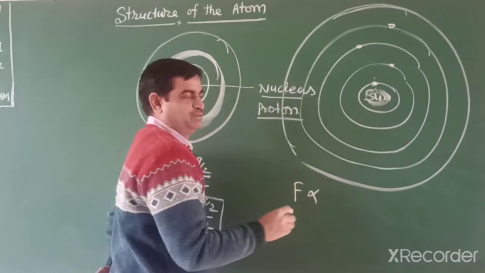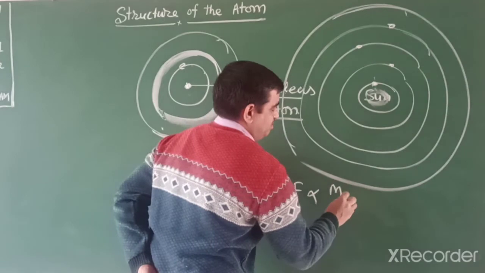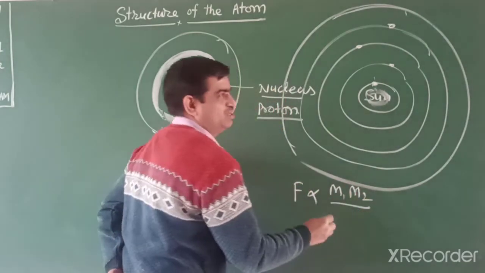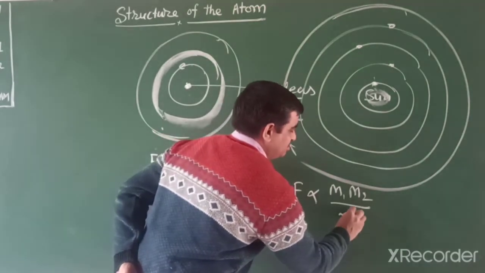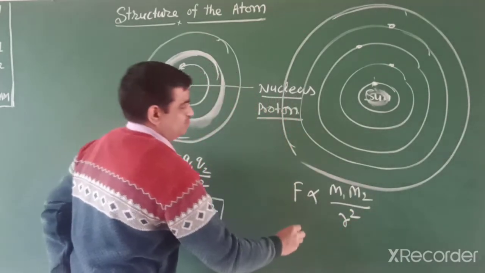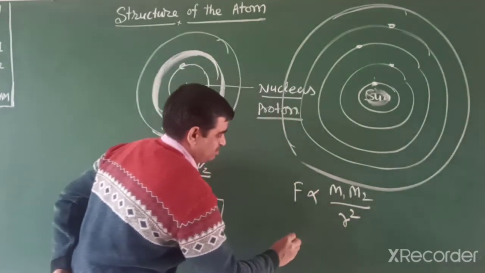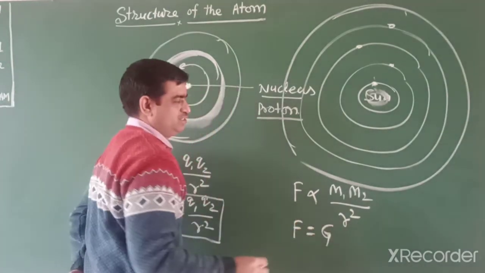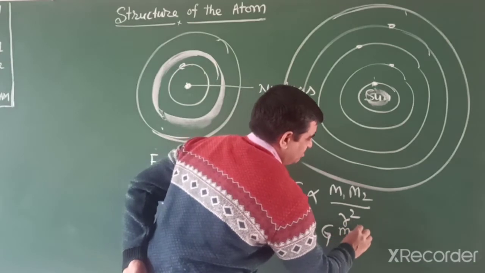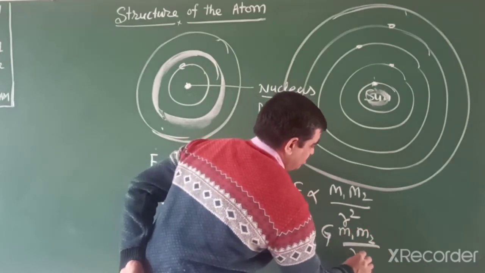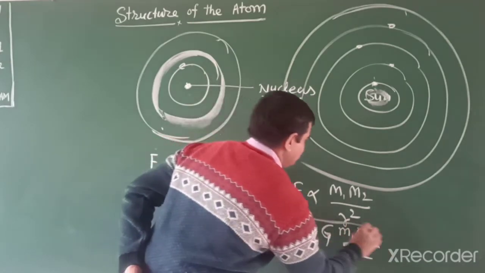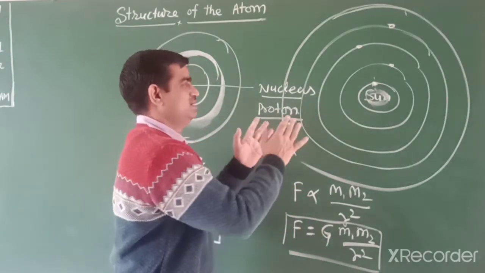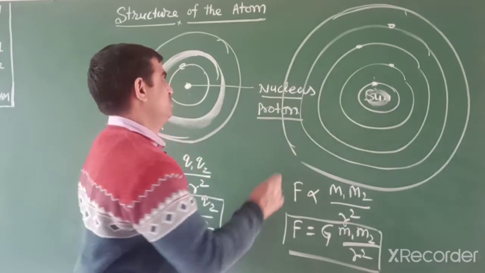It is directly proportional to the masses of the planets m1, m2, and inversely proportional to the square of the distance. So F equals capital G m1 m2 divided by R square. In this way, the Rutherford model of the atom is similar to the solar system model.